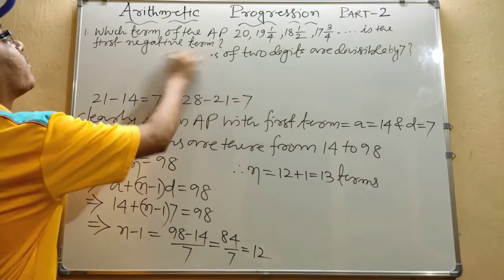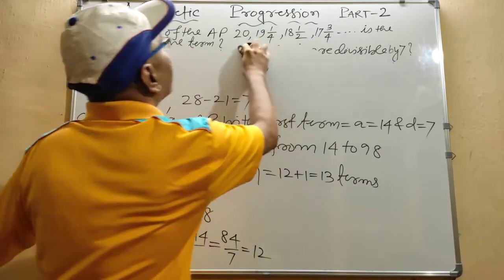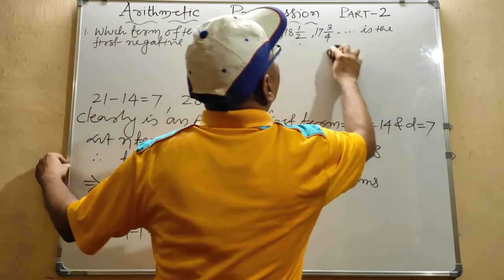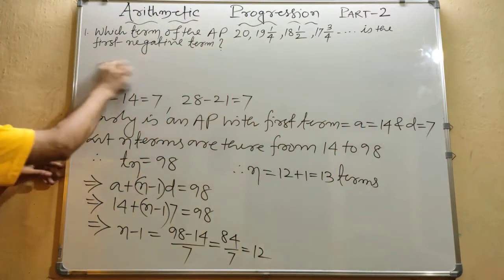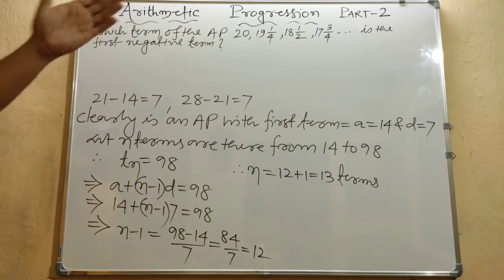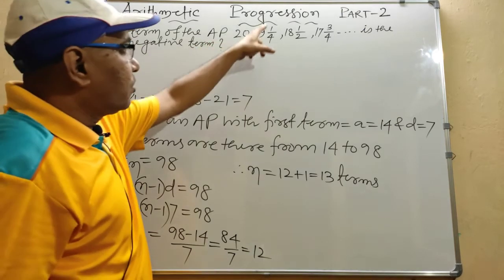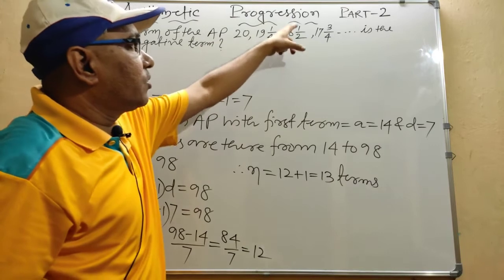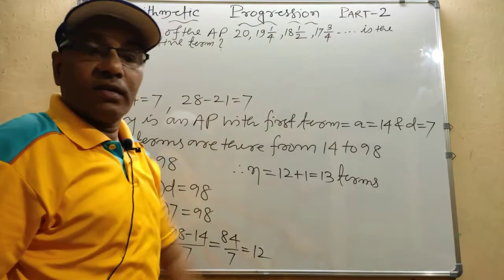Now come to the next problem and the last problem of this video. It is last but not least. It is very important, this last one. Which term of the AP, there is an AP, arithmetic progression given, 20, 19 1/4, 18 1/2, 17 3/4, and so on.